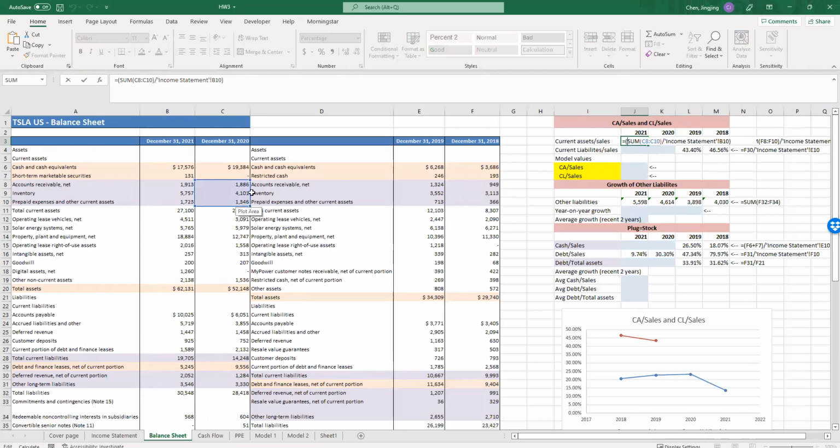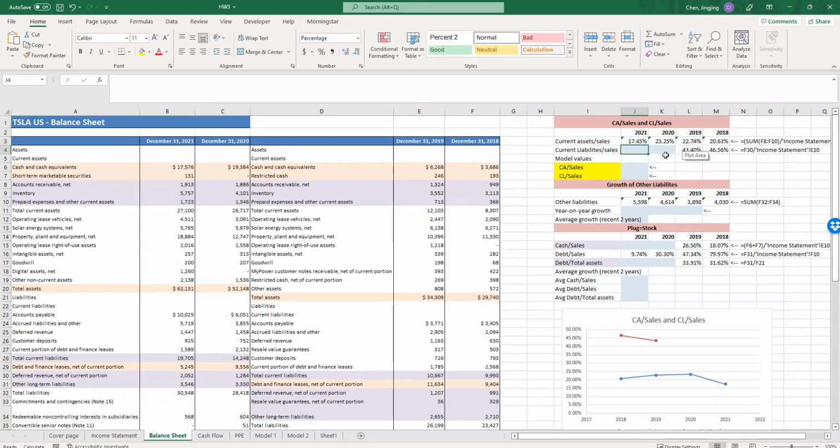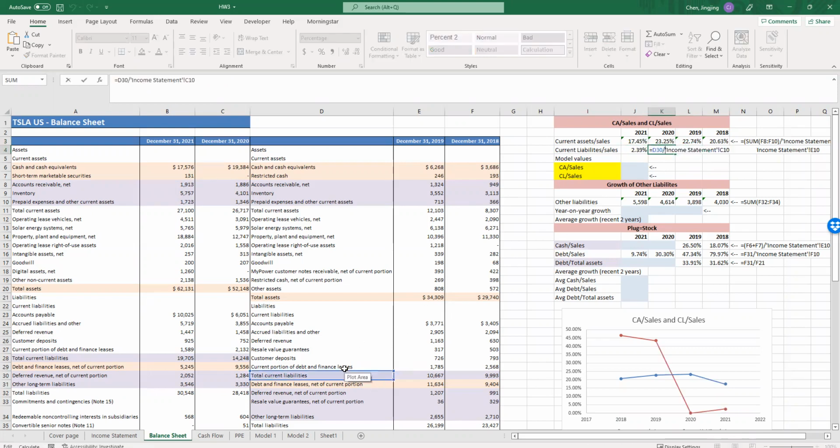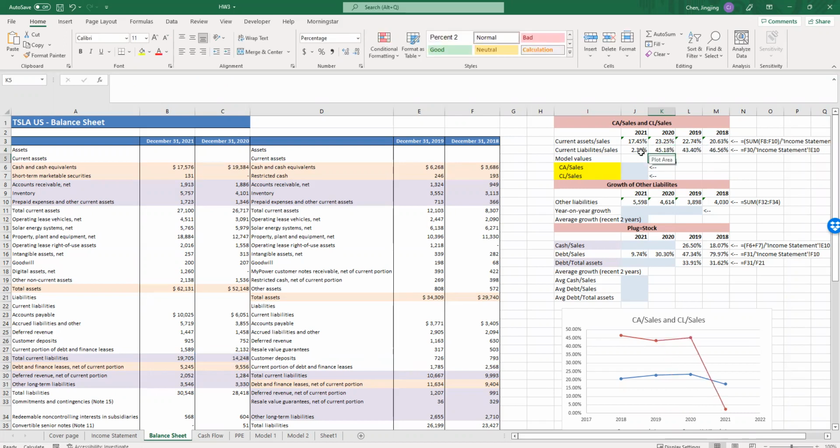So here, we need to use the current asset in 2021, income statement B10, that's the revenue in 2021. Okay, good here and here. So current liability, put it here. So income statement C10 is the right revenue.